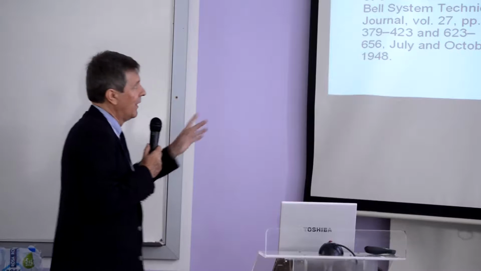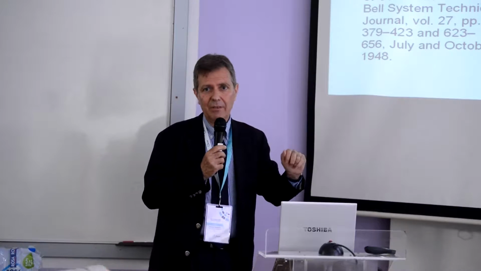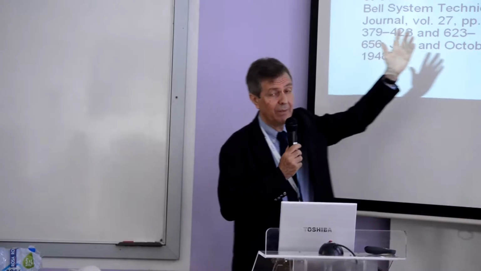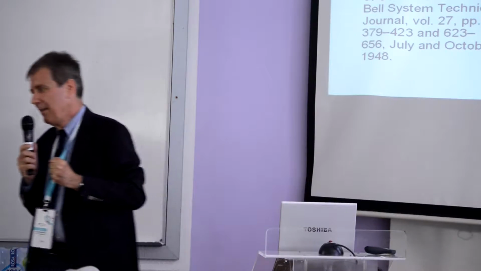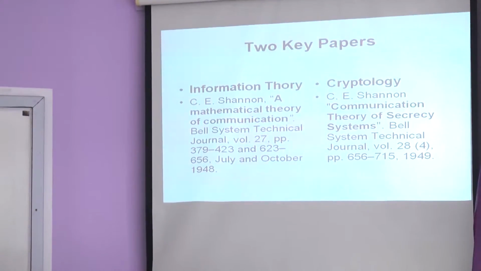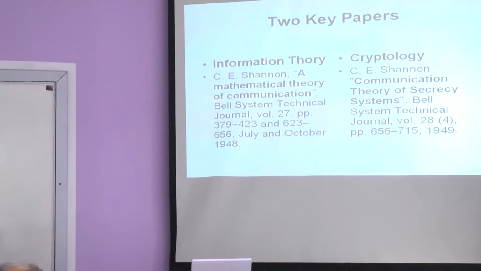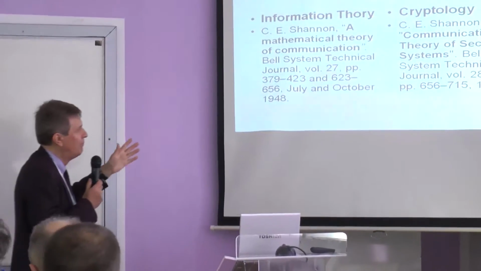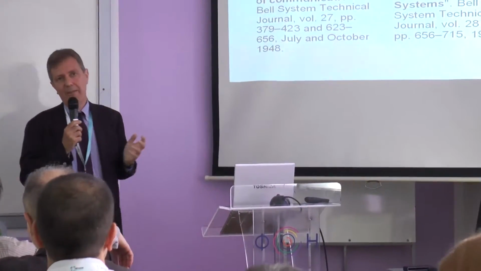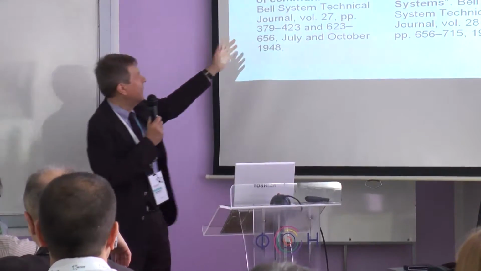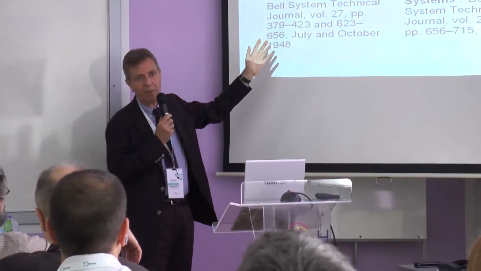What is interesting and why I'm pointing out these 2 papers? The first one was related to communications, the second one to cryptology. And for almost 50 years, these two tracks were developing independently. This track has provided us with error correcting codes.